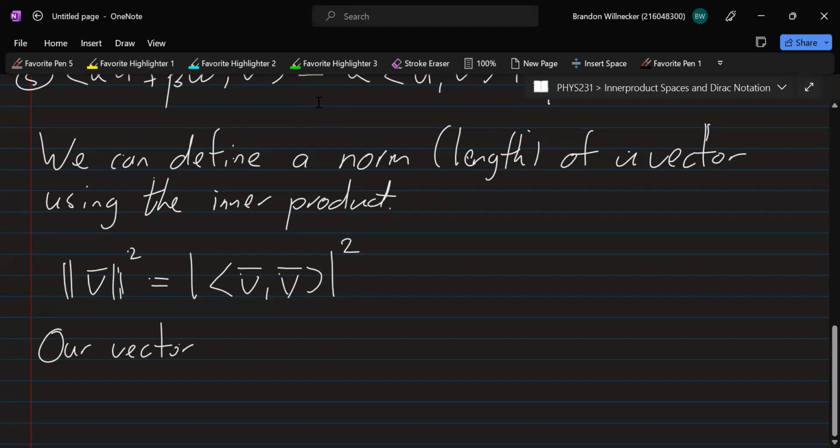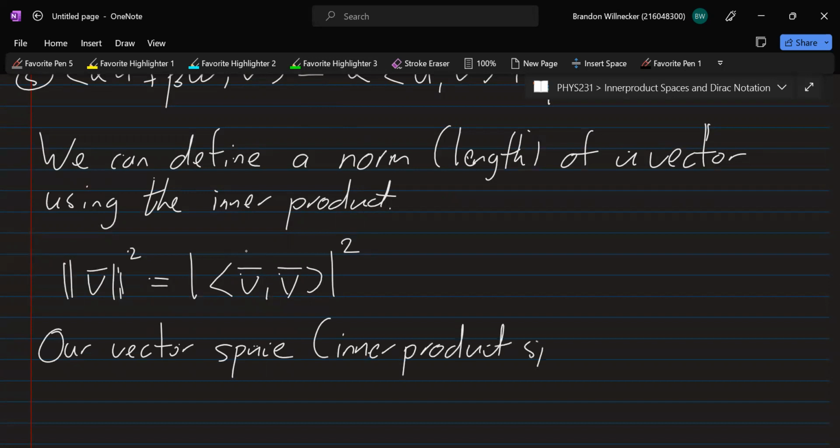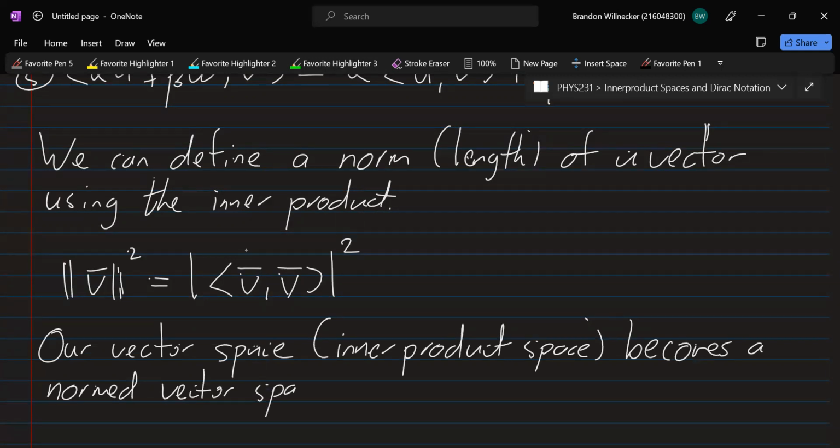So our vector space, or I should say inner product space, because it's got an inner product now, becomes a normed vector space, because it's got a norm now.